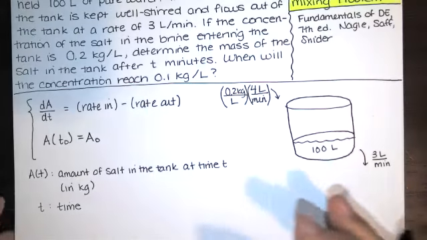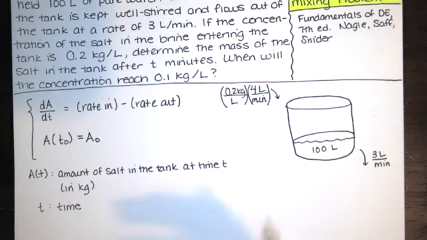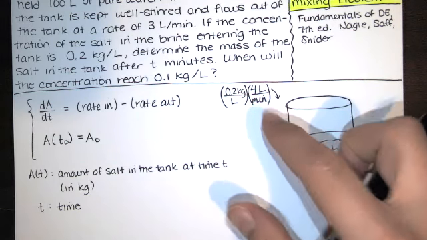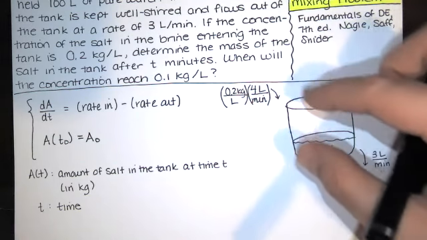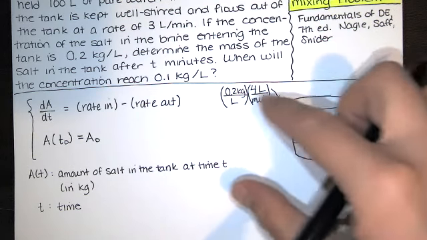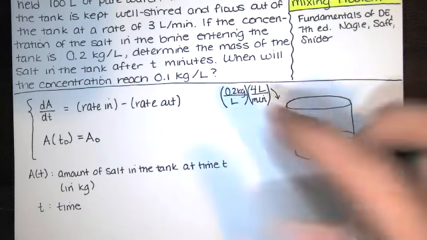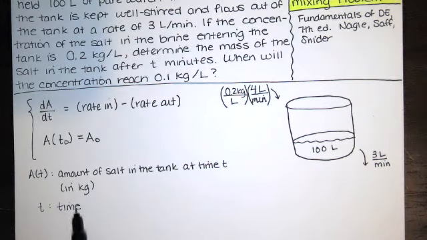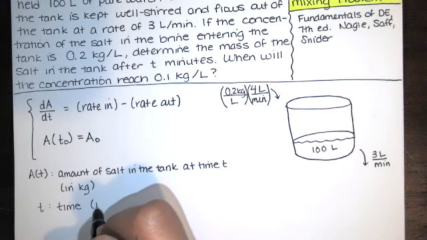But we'll also look for indicators in the problem statement for the units for time. Since we're told that 4 liters per minute, that's the volume of solution entering the tank per minute. That's what we've got going on here. Since those units in the denominator are minutes, the time must be measured in minutes.